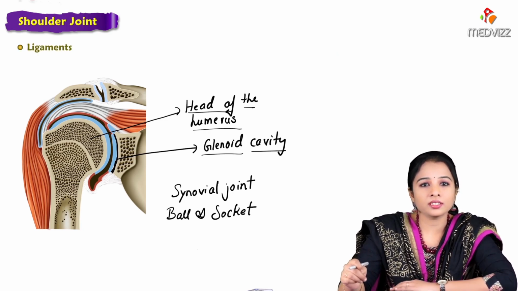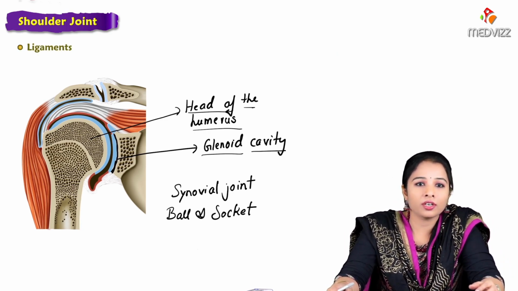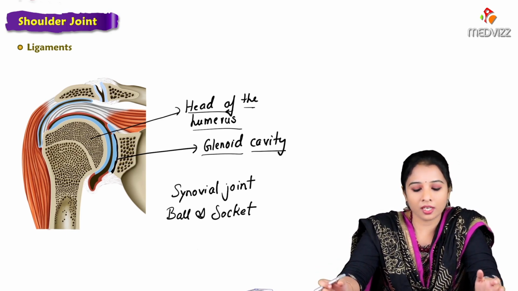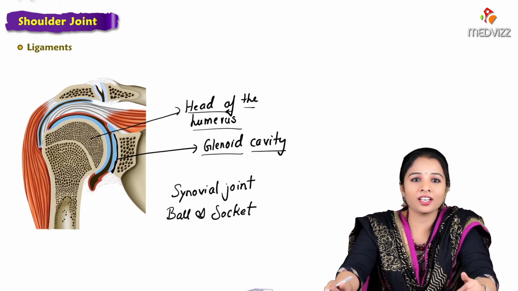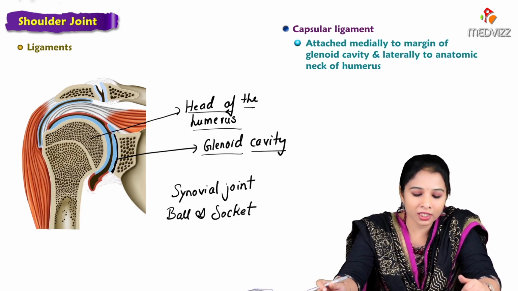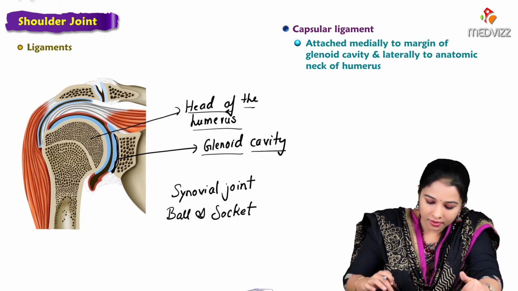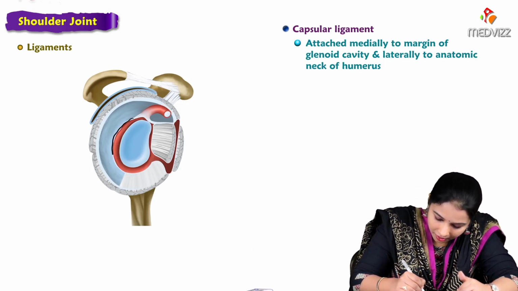Let's see the ligaments associated with the joint. Any synovial joint is surrounded by a capsule, so it is made up of a fibrous capsule. This is also a synovial joint, so it also has a capsule. This capsular ligament is attached medially to the margins of the glenoid cavity. Here we can see the attachments at the glenoid cavity; I am drawing a black line.